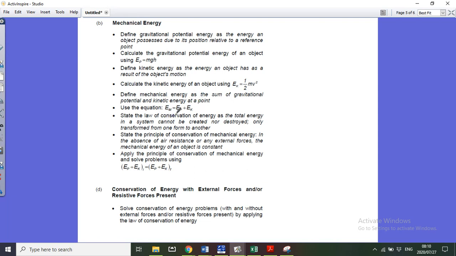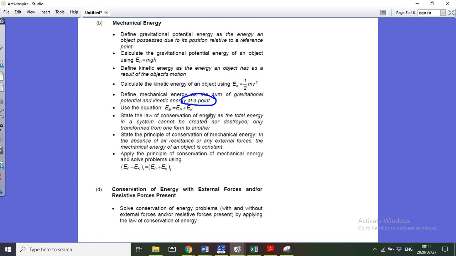Mechanical energy is the sum of those, but remember that it's at a specific point. So the sum of the potential and kinetic energy at a specific point. So this mechanical energy cannot be destroyed or created, and that is the conservation of energy, because we can just take this energy and convert it into other forms.